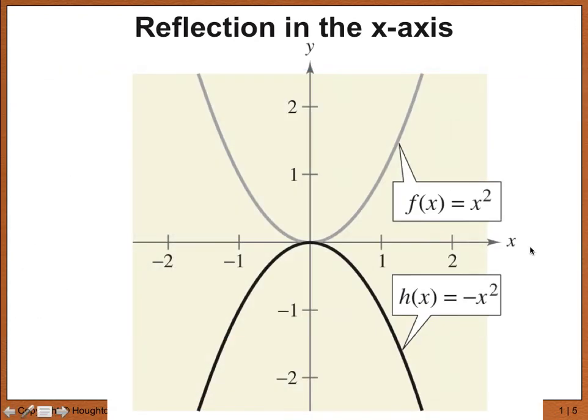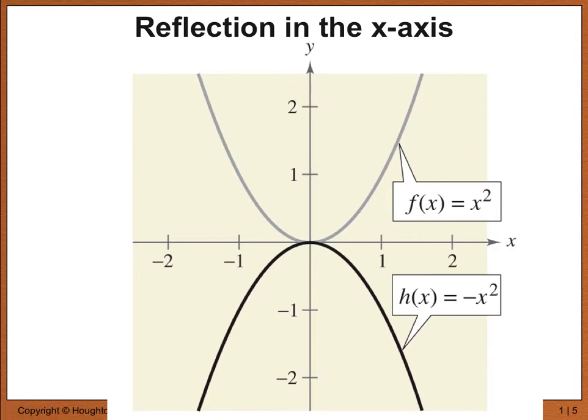Now let's talk about reflections. A reflection in the x-axis happens when we take a negative of the whole parent function. All right, so if my parent here indicated in gray is f of x equals x squared, and if I take a negative of the whole thing, that would be negative x squared, and I end up with the child function h of x, which is just like the parent, except it's been reflected in the x-axis.